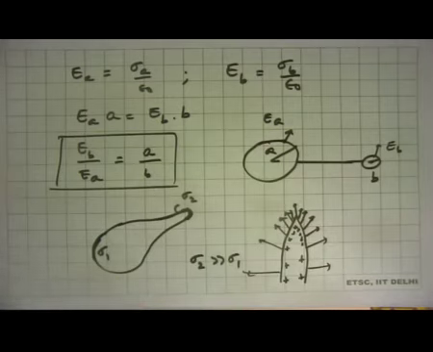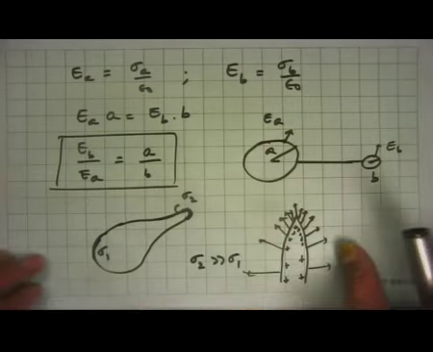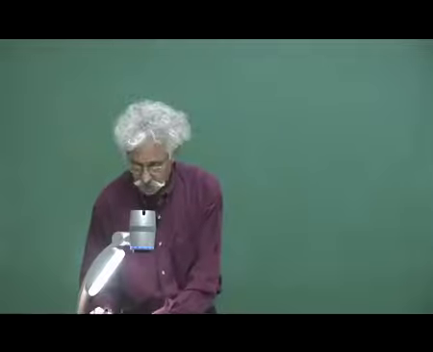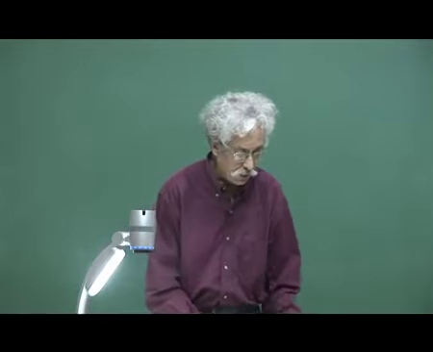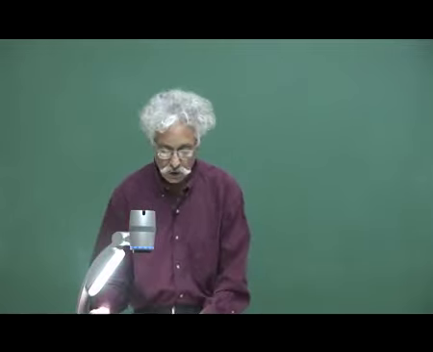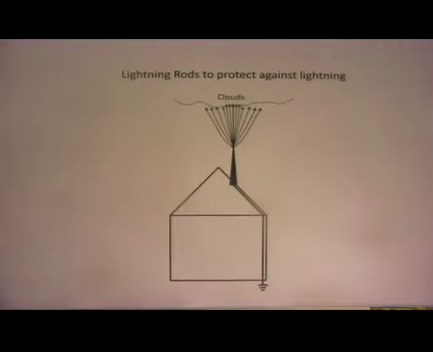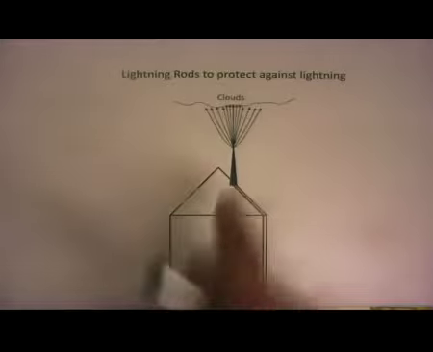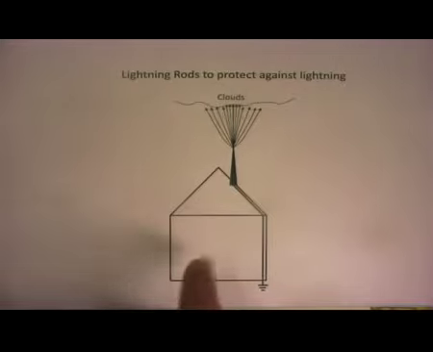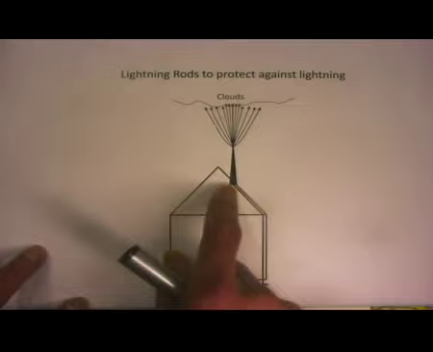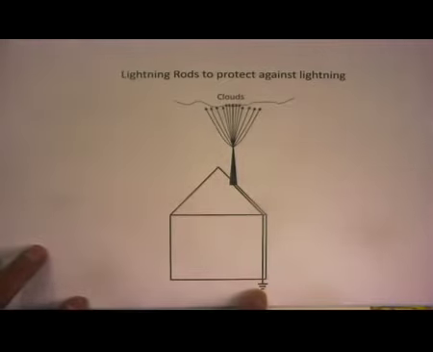In fact, this is a very interesting concept, and it is used in lightning rods that you must have seen, which are used to pick up the lightning. You have a conductor with a sharp edge on the top of the building, and this conductor is joined by a conducting wire to the ground.